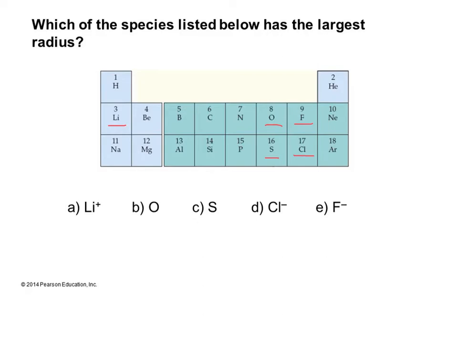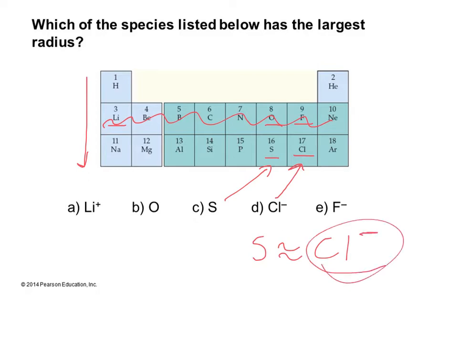Well, we know that size increases dramatically as you go down, so I'm not going to even bother looking at those. So it comes down to whether a neutral sulfur is larger or smaller than a chloride ion. If we consider the neutral sulfur and the neutral chlorine very close together, then the chloride ion is going to be a wee bit larger because we added that extra electron.